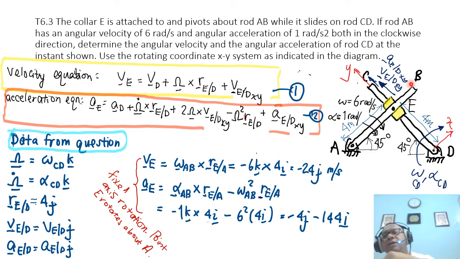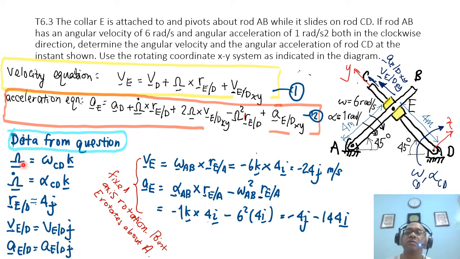Because the bar AB is rotating about point A, point E will only rotate about point A. So the velocity can be calculated using a fixed axis rotation. This is the velocity and also the acceleration. So after that, it's just a matter of putting in the values that you can find from the question.